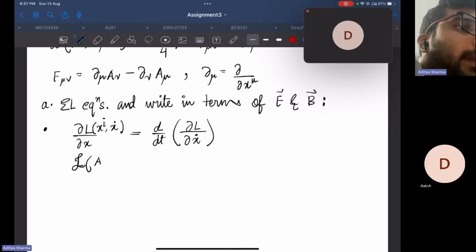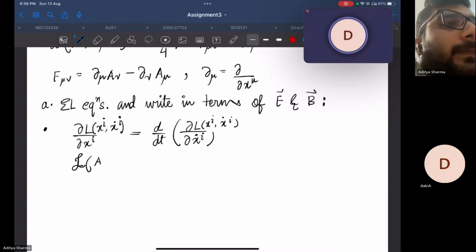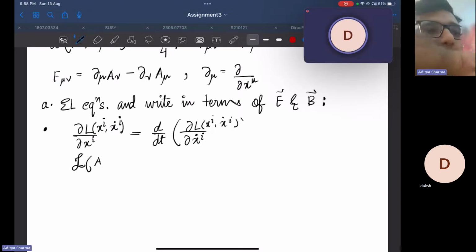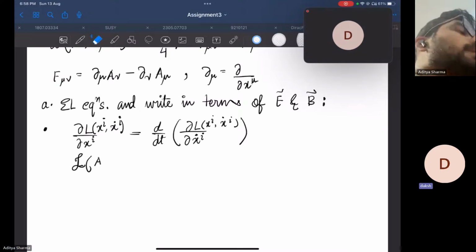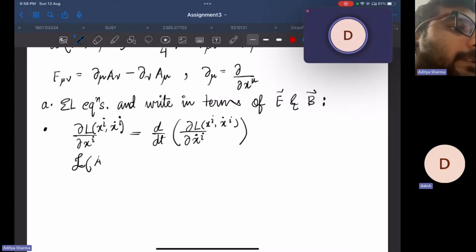This x could have many components. That is why we'll do it by the ith component, right? So you understand this thing, right? The first line which I have written is in classical mechanics. Yes, I'm familiar with that.